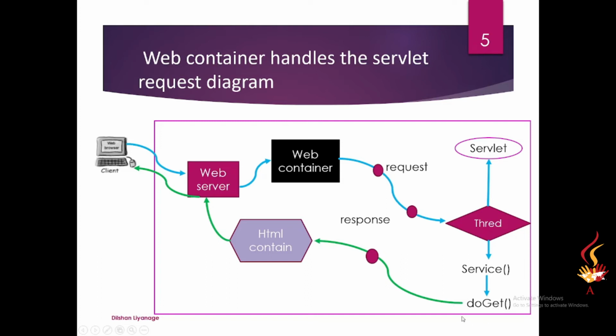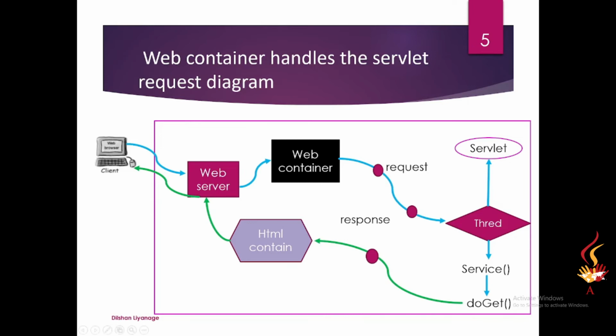After the doGet method, a response comes, the HTML content goes to the web server, and that HTML content is finally visible to the client. This is a simple diagram of the web container and how it manages the request.